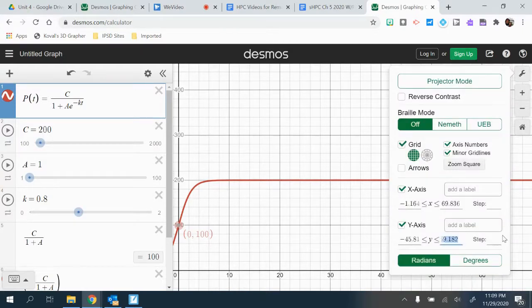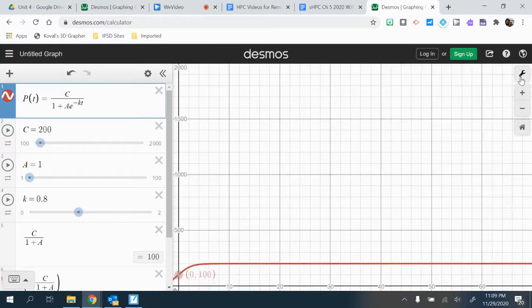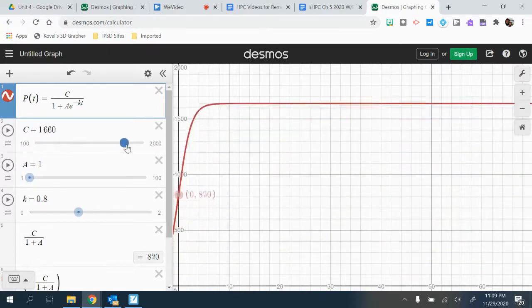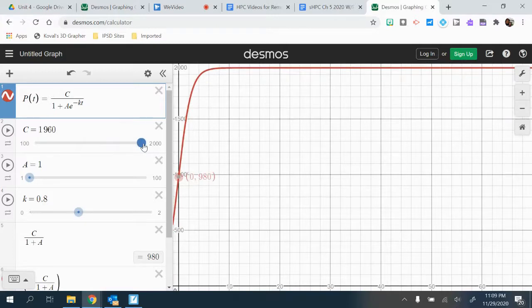So if I extend this to be a lot bigger, my carrying capacity can get a whole lot bigger. It's not like there's any sort of problem with a large C. So my carrying capacity can be very big. But that's basically what that C represents. That represents the peak amount of population that we can possibly have.